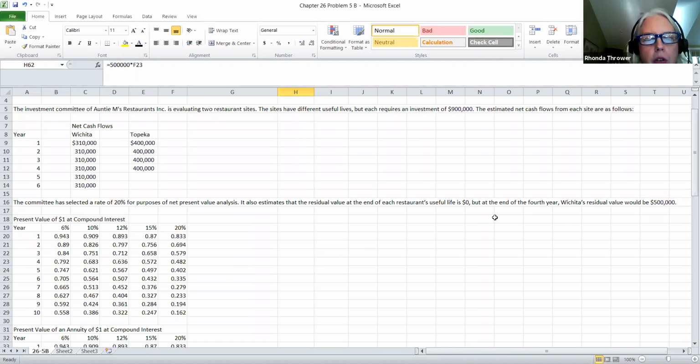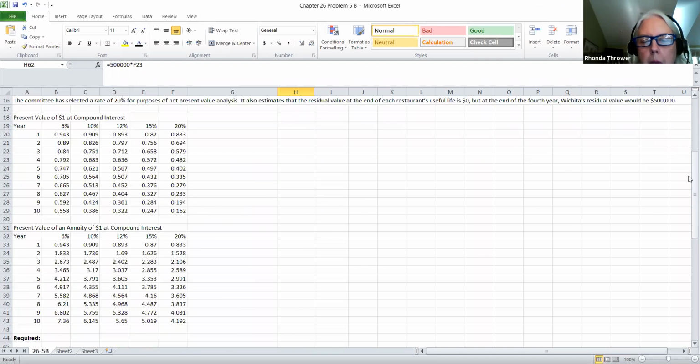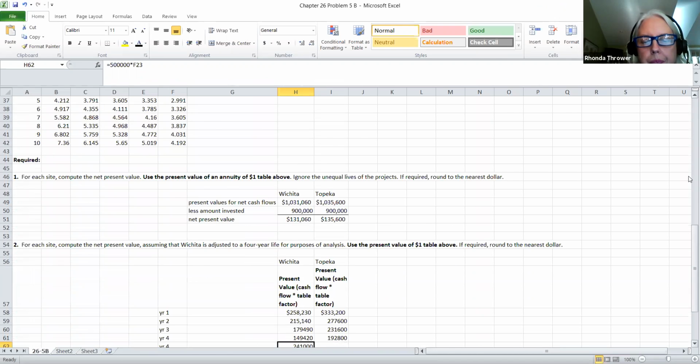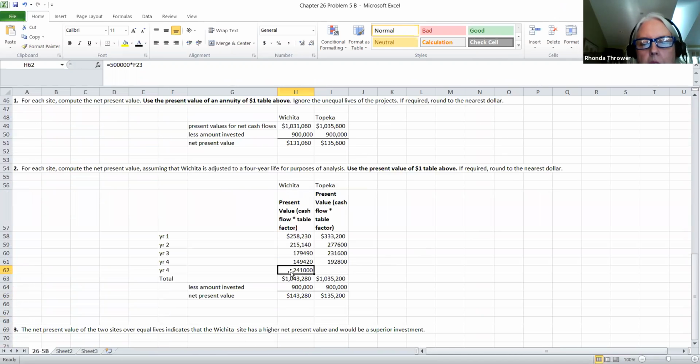So this 500,000 would be multiplied by, because this happened at the end of year 4, 0.482. So this is reflecting the residual value at the end of year 4 multiplied by the present value factor for 4 years at 20%.